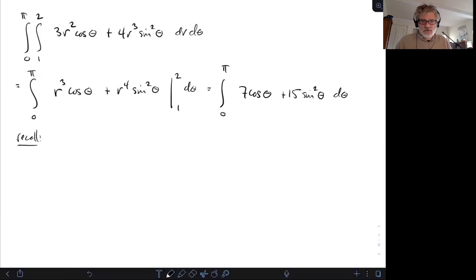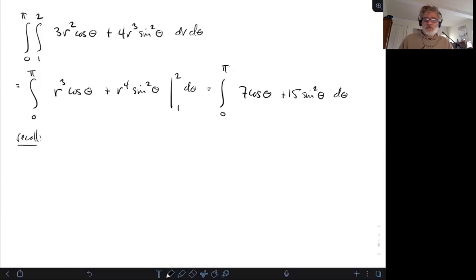A little refresher. The next three examples will look a bit the same. It's sort of a fluke, although once you go to polar, you're obviously going to integrate cosines and sines a lot, right? So, a little refresher on integration of even powers of cos and sine.